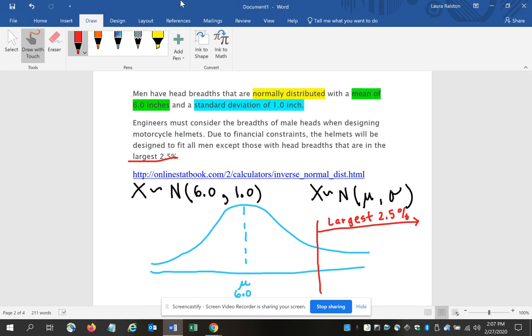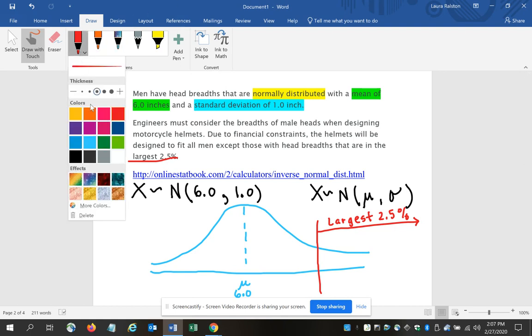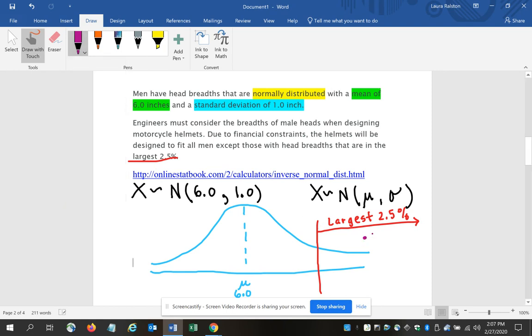Now, I do need to write that percentage as a decimal. Hopefully, you remember to take 2.5, divide it by 100, and as a decimal, that's 0.025.